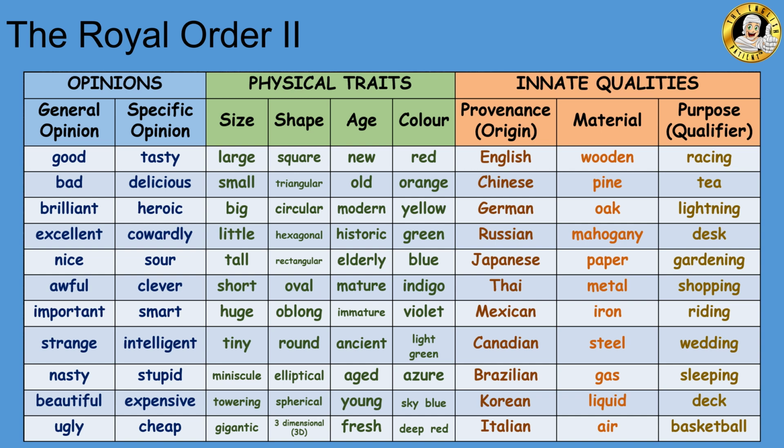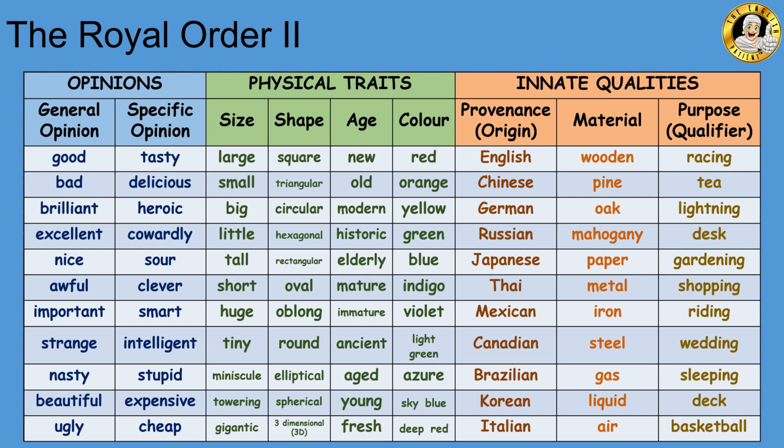And first we would have the origin, if it's included, such as English or Chinese, German, Russian, Japanese, Thai, Mexican, Canadian, Brazilian, Korean, Italian. And then material, what it's made out of: wooden, pine, oak, mahogany, paper, metal, iron, steel, gas, liquid, air. And then the purpose.